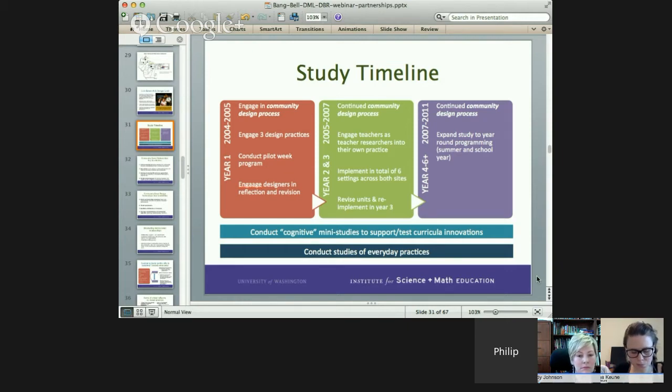I should say about our work that we tend to also end up with other layers that we're doing at the same time we're designing, and we call them cognitive mini-studies to support or test our curricular innovations. But we also engage in studies of everyday practices, and part of our point there is to try to understand the kinds of informal pedagogies that are happening in Indigenous communities specifically, but I would say that none of what I'm going to say today isn't relevant to non-dominant communities in general, and maybe everybody.